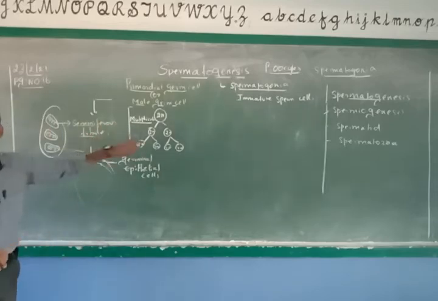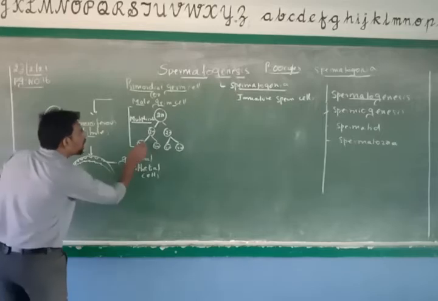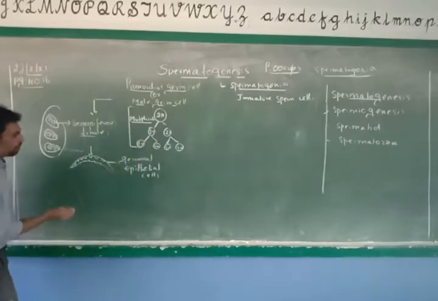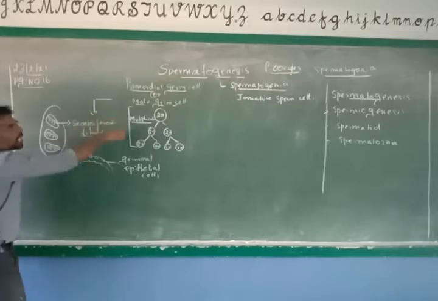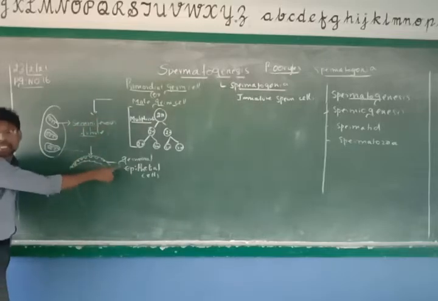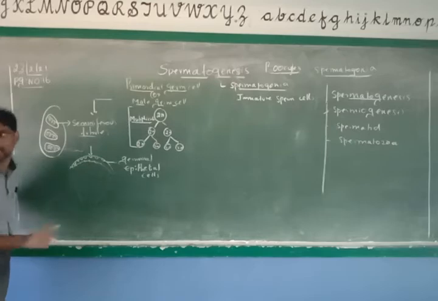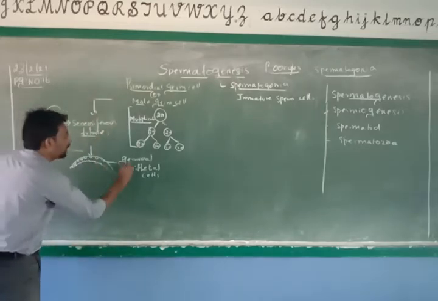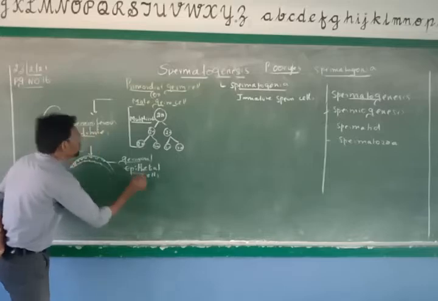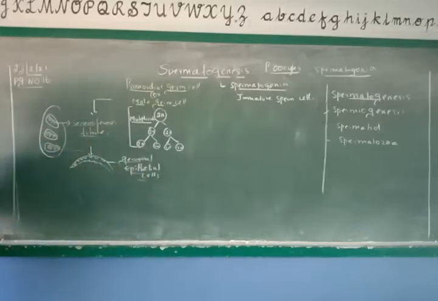Okay, these things are not in the book, but still you understand. Among these, only one cell will form here. So everything is happening inside the germinal epithelial cells. Don't forget it. All this process happens in the germinal epithelial cells, which are there in the seminiferous tubules. Is that clear?